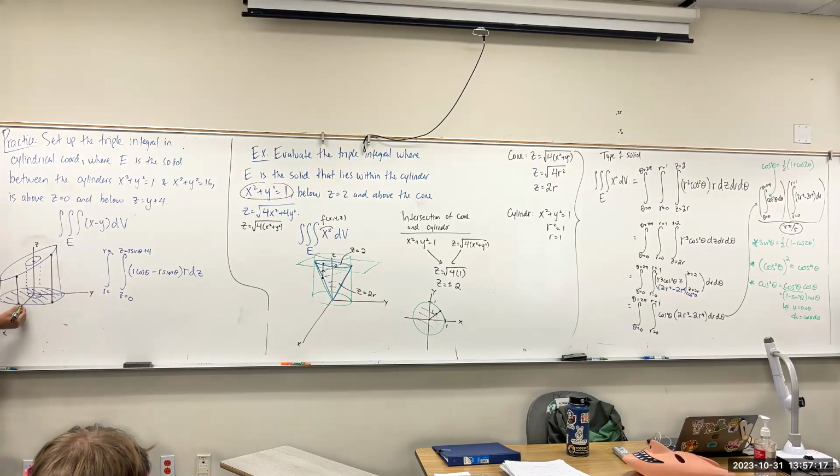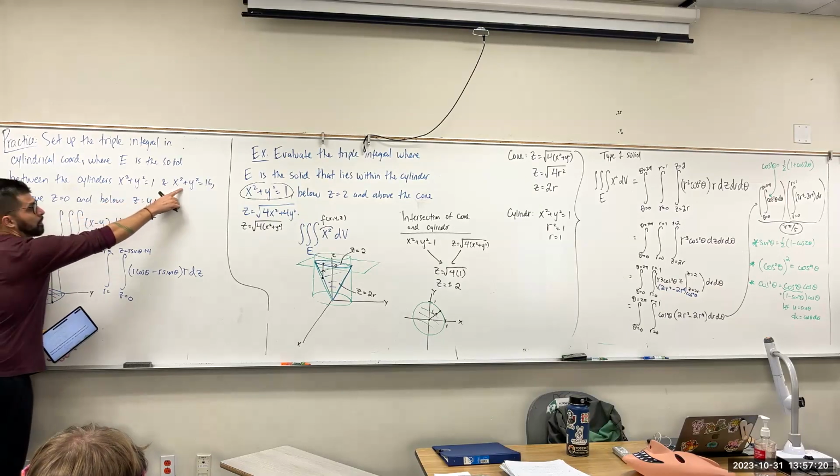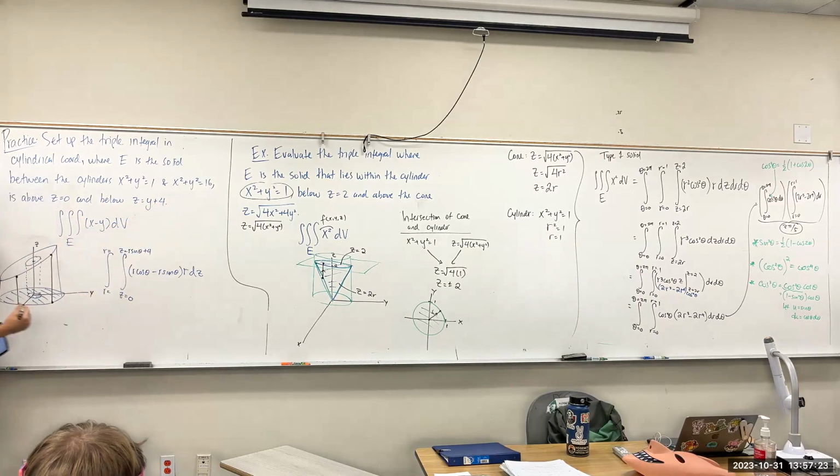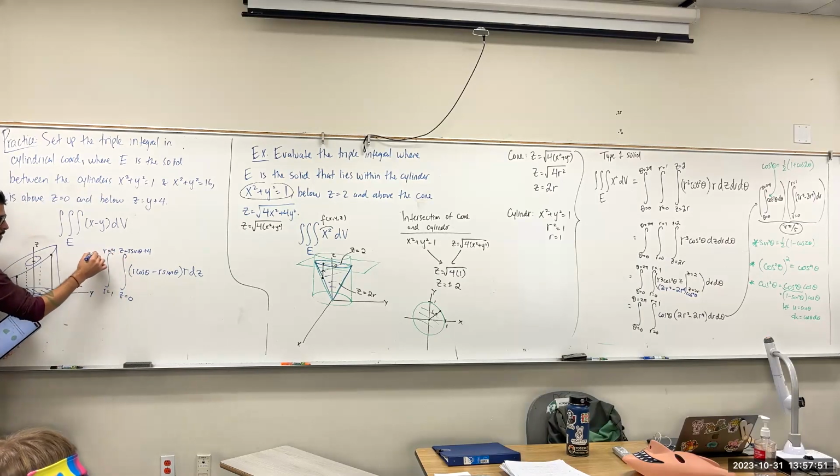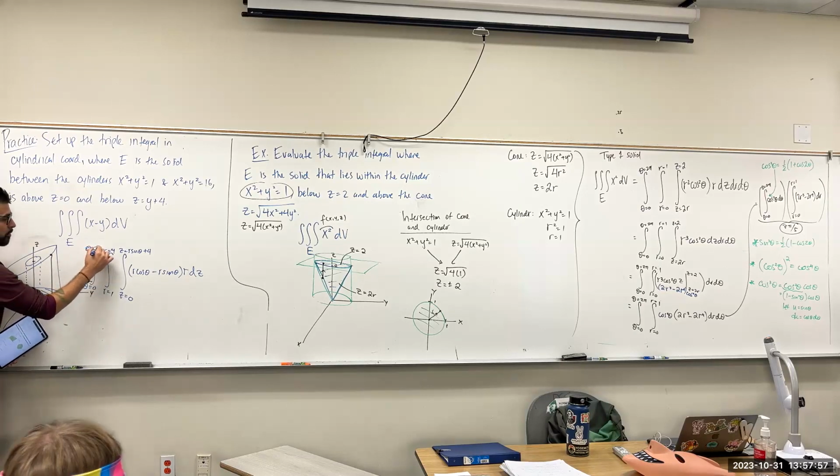What's the radius of the big circle? 4. The radius of the smaller circle, what is it? 1. So notice that your r is going to stretch from 1 to 4, and then your theta, the circle goes all the way around. So theta is bounded by 0 to 2 pi.